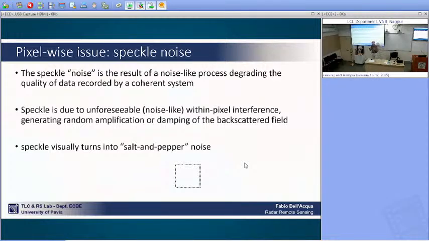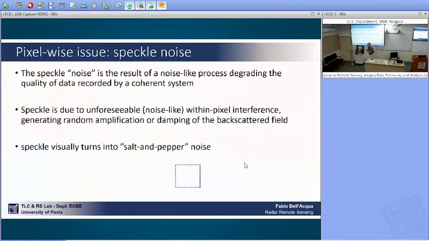What does our own acquisition here and the radar acquisition have in common? The fact that its illumination is coherent. So it's one well-defined wave that we are throwing on the observed object.